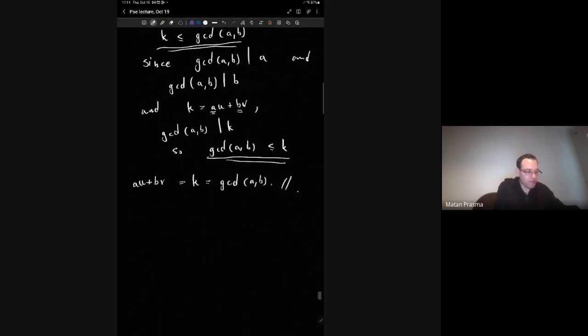The polynomial version of this last lemma is the following. Let F be a field, and A and B two polynomials.